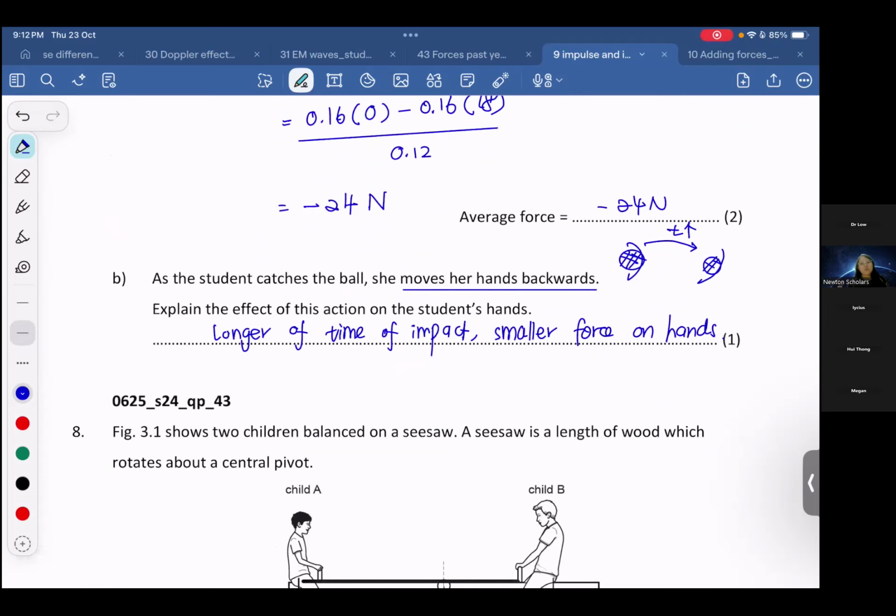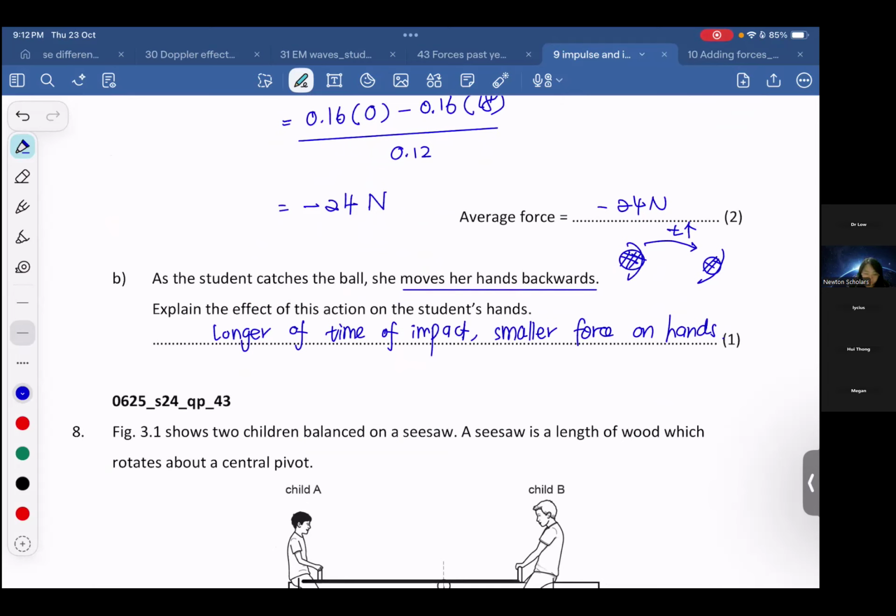We have to think about how we protect ourselves. Like just now, when you bend your knees and then stand, that is a longer time to stop it.